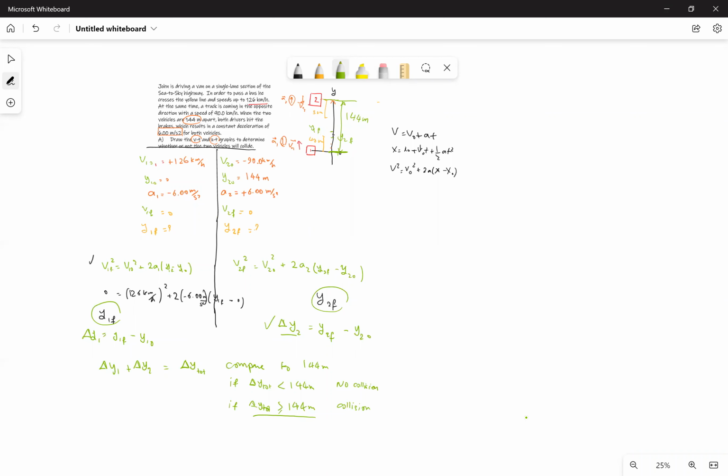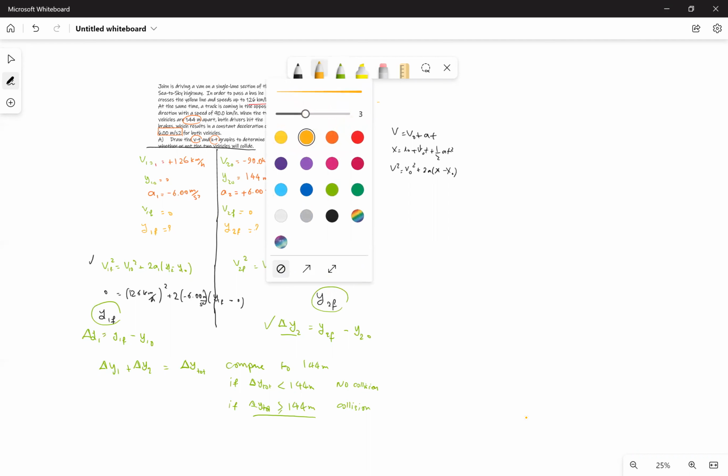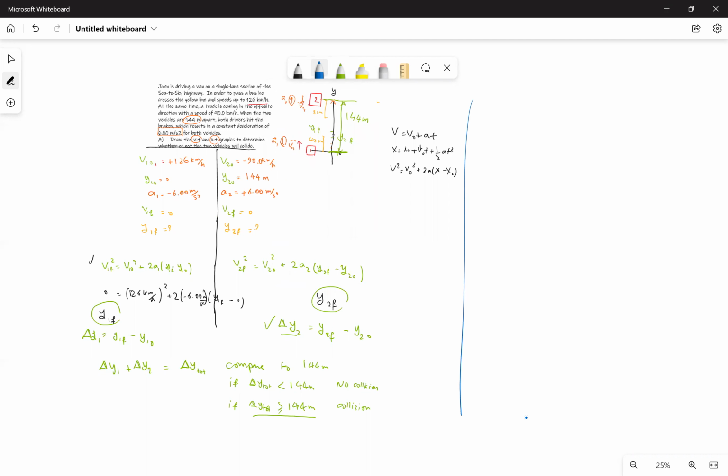Let me change my color. Let's pick blue. Let's first come up with an idea to draw the velocity-time graph. Let me extend the velocity-time graph to the negative parts for negative velocities.